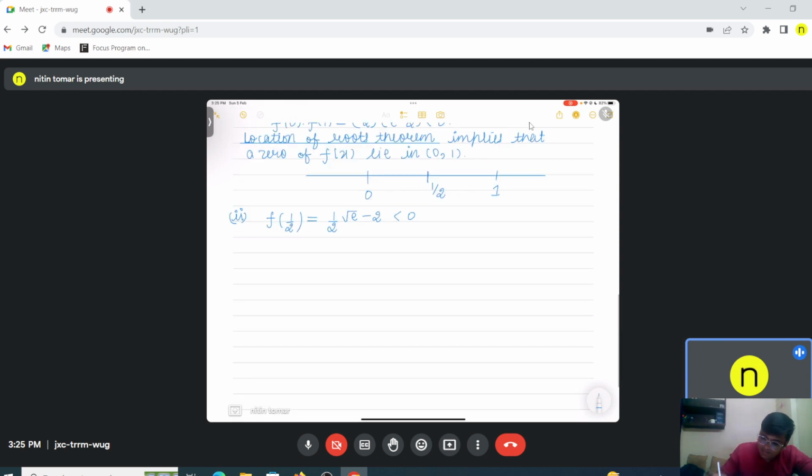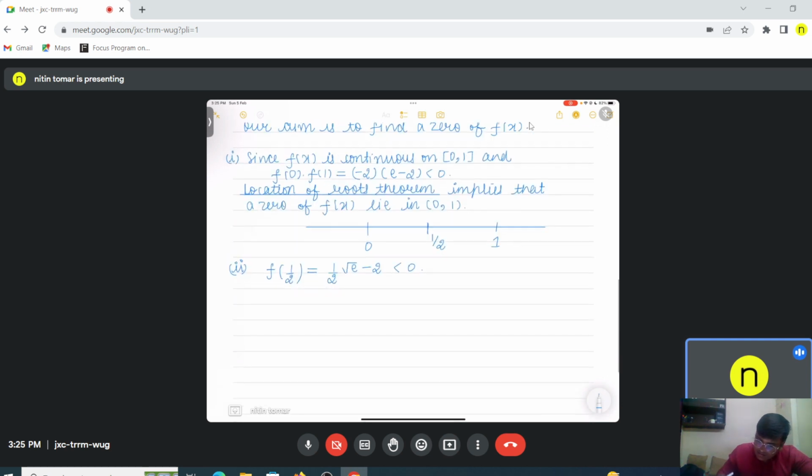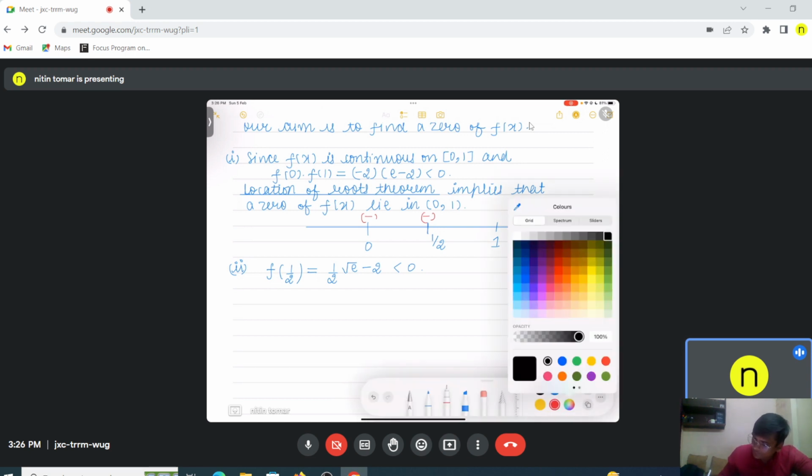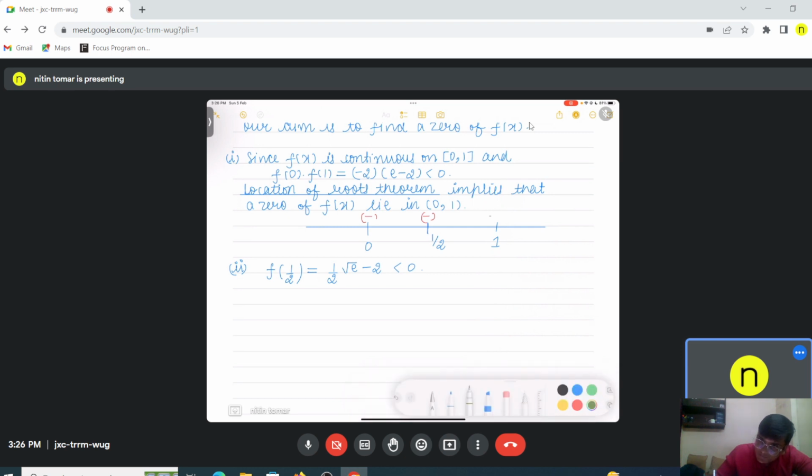So what does it imply? On 0 it was negative. Okay, let me use a different pen so that it is clearly visible. On 0 it was negative, on half also it is negative, but on 1 it is positive. So what does it imply?